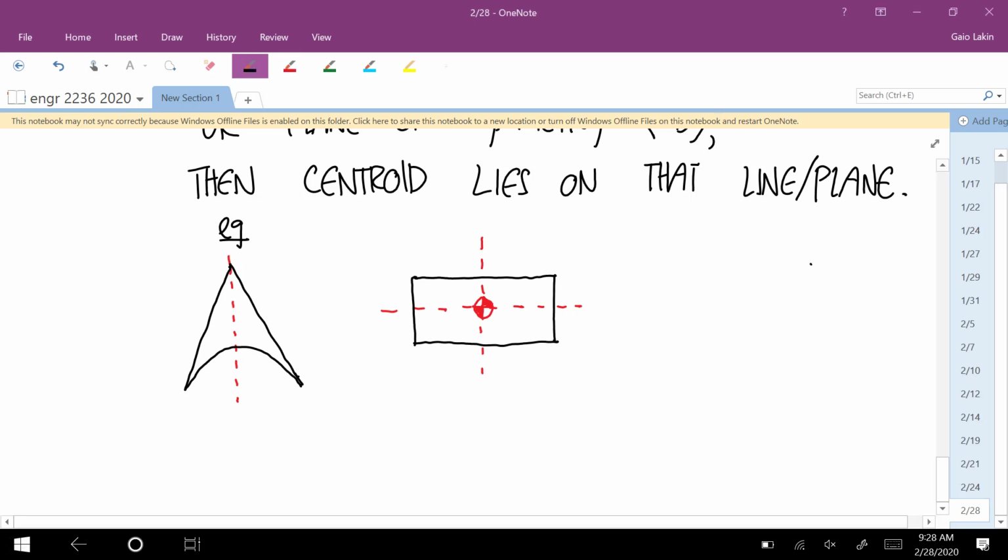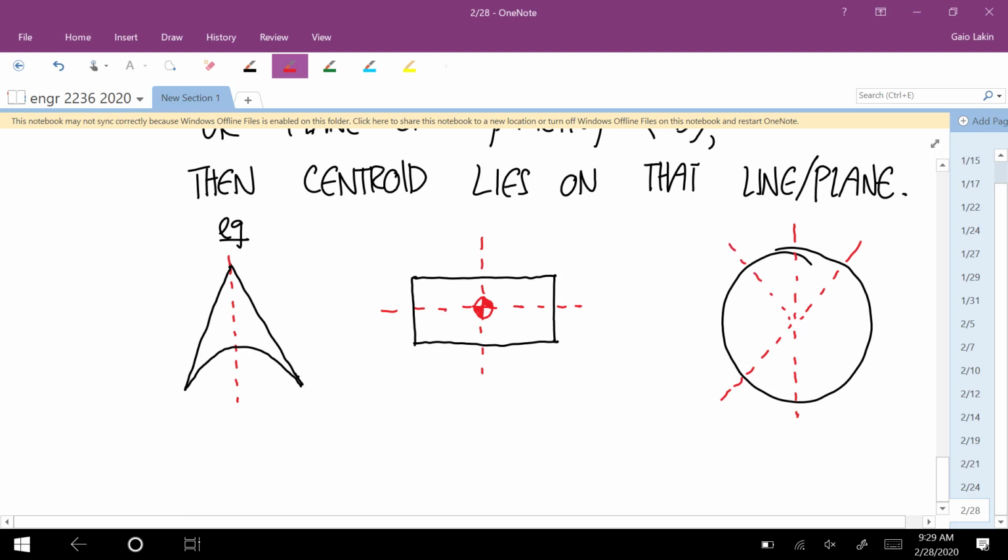And a circle has infinitely many lines of symmetry, but they all cross at the same point. And so the centroid has to be where they all cross.